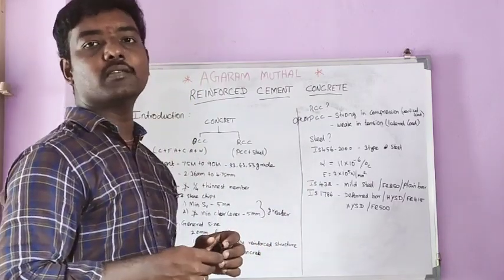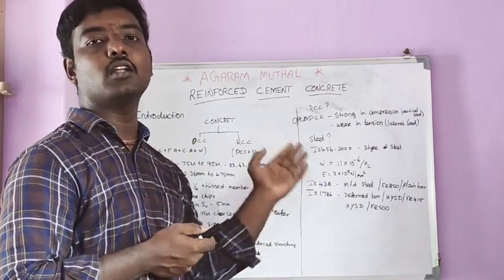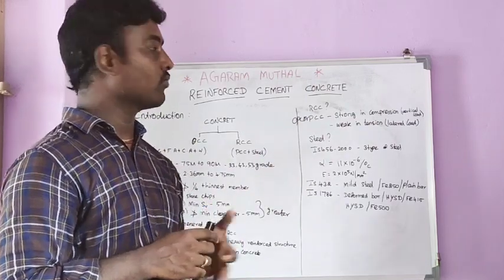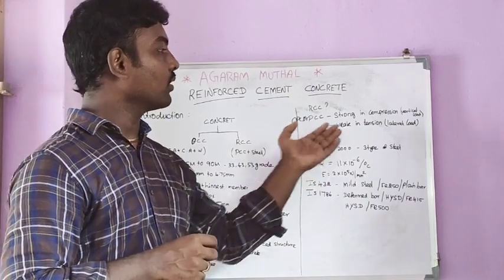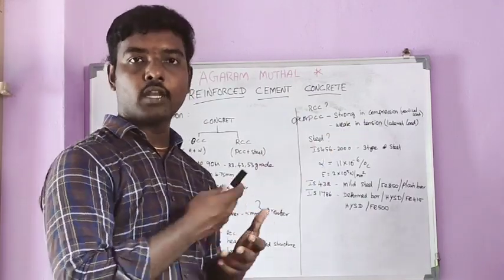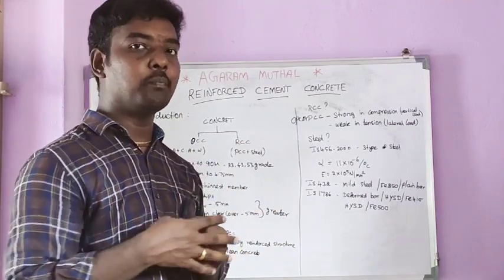Compression is nothing but the vertical load, and the resistance against vertical load is called compressive strength. Generally OPC is strong in compression, but weak in tension. Whenever lateral loads arise, it can't bear them, and it will be brittle.